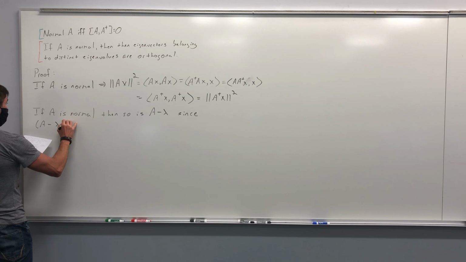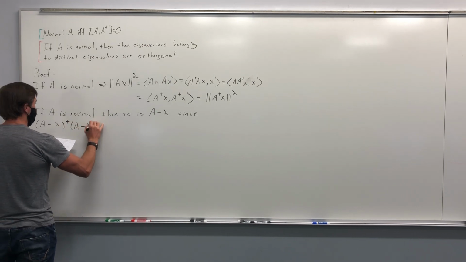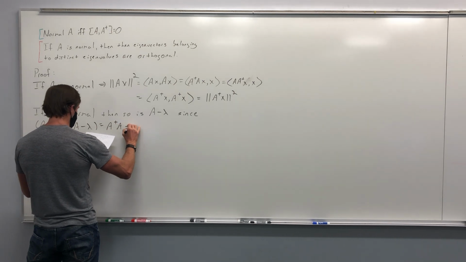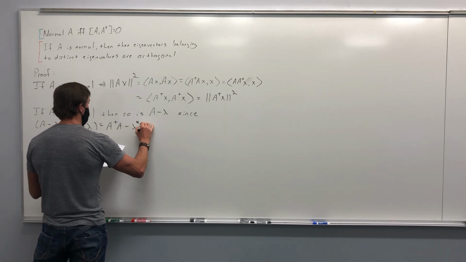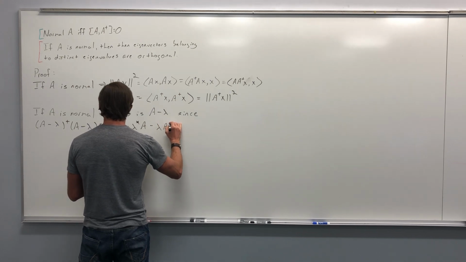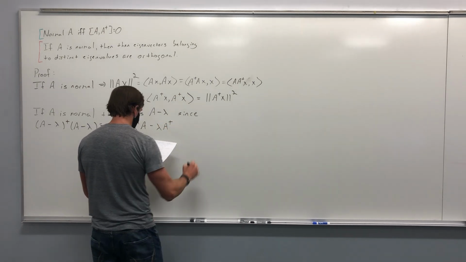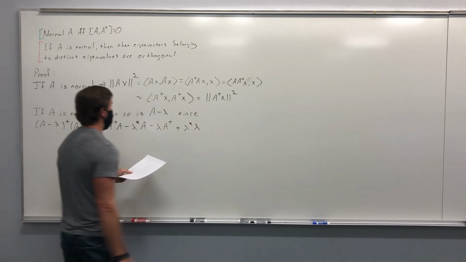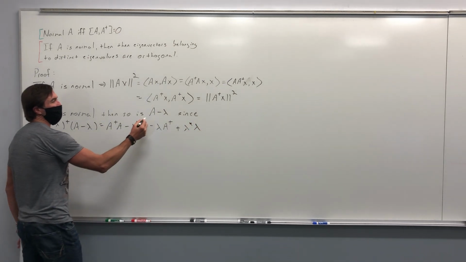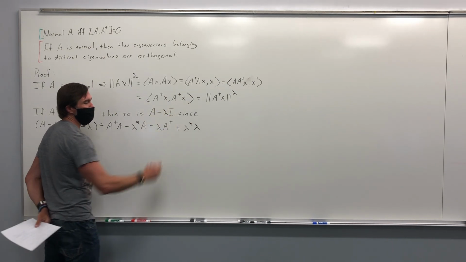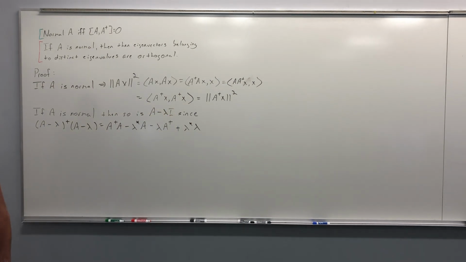A minus lambda dagger times A minus lambda equals A dagger A minus lambda star A minus lambda A dagger plus lambda star lambda, where what we have in mind here is that this is a matrix, this is some scalar, and it's secretly multiplying the identity to make the matrices that we're subtracting.